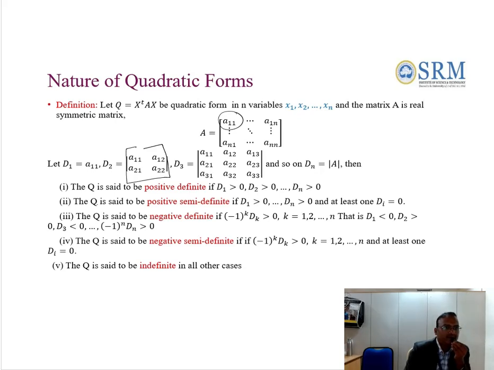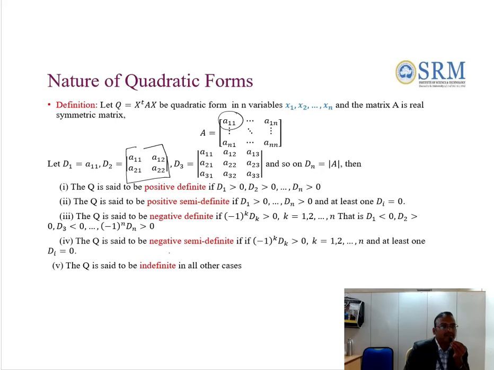Then the second definition: Q is positive semi-definite if all the di's are non-negative, and at least one di is 0. So negative definite means d1 is less than 0, d2 positive, d3 negative, d4 positive, and so on. If this happens, then the quadratic form is negative definite.